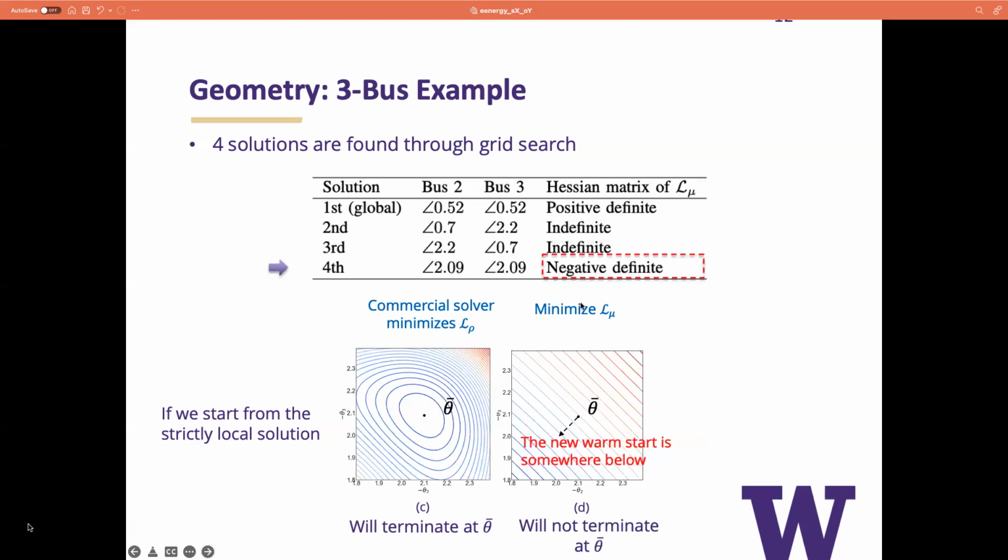This is also true for the local solution where the Hessian matrix of the partial Lagrangian is negative definite. When we minimize the partial Lagrangian, it has a descent direction to go. So the new warm start will not be the local solution. Starting from the new warm start, the solver can get around the suboptimal solution.